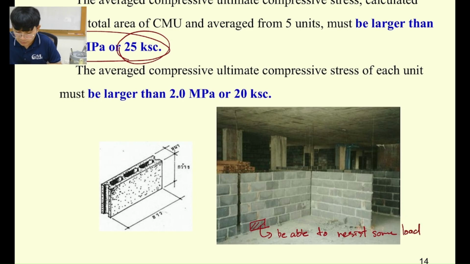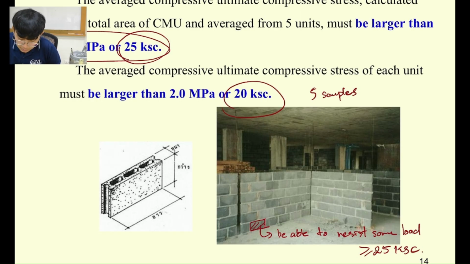So that's why they set the minimum at larger or equal to 25 KSC. And if we test 5 samples, each sample is supposed to be higher or equal to 20 KSC.